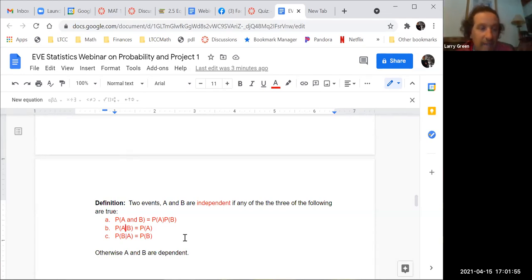Yeah. And it's really important. For example, it helps you in your survey design. If race and your survey question are independent, then it makes no sense to stratify by race because you don't need to. There's no bias if you asked all the same race. Does that make sense?